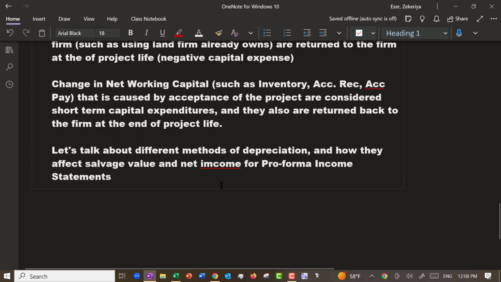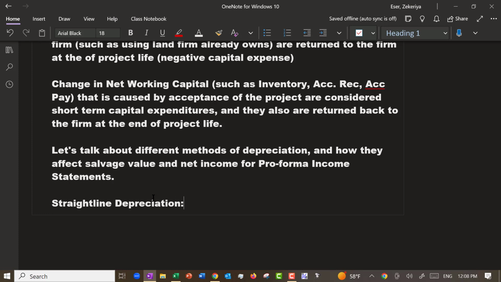And there are many different ways to depreciate. You have straight line depreciation. Depreciate the acquisition cost equally over the tax life of the asset.